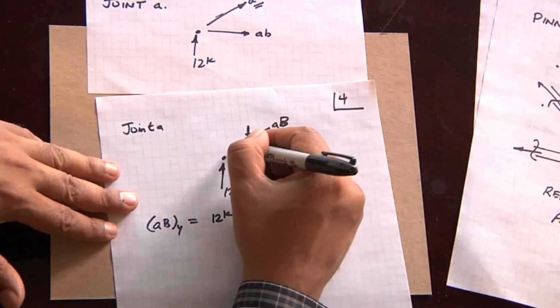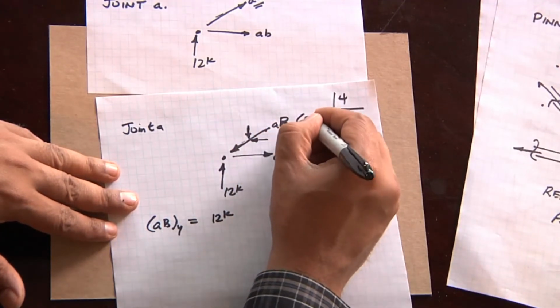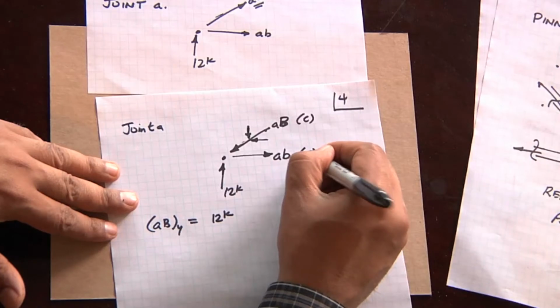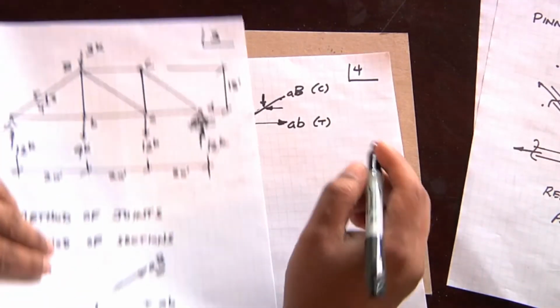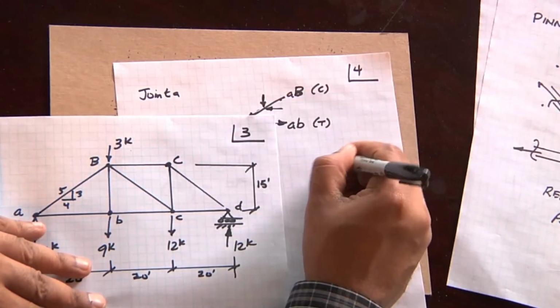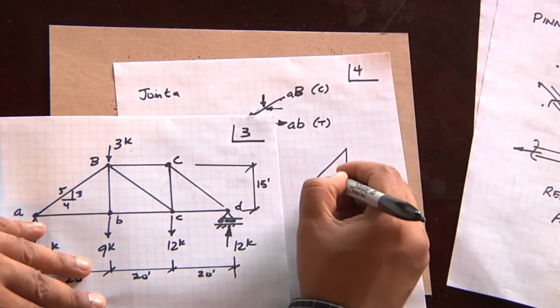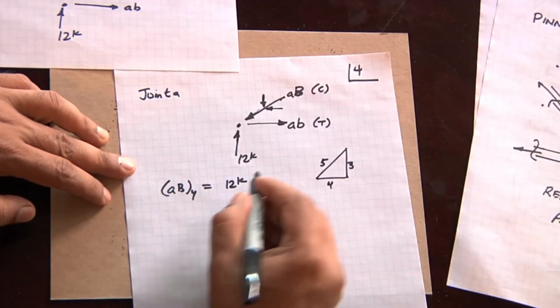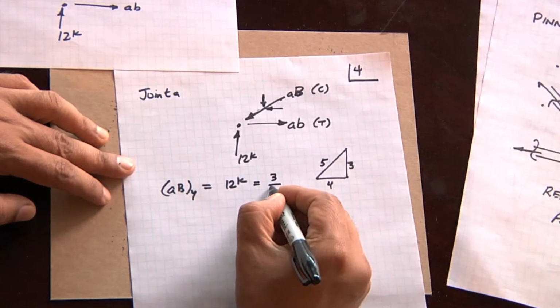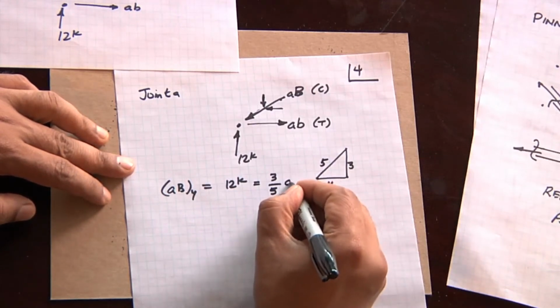So when the force is coming into the joint, this tells us that this is in compression. This tells us that this is in tension because it's pulling away from the joint. So if ABY is equal to 12 kips, and then using some basic geometry, if we have a 3 to 4 to 5 triangle, it tells us that ABY is equal to 3/5 AB.